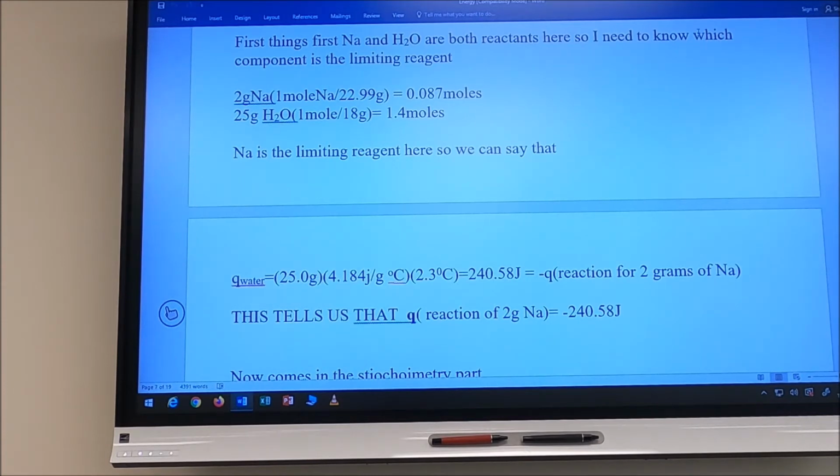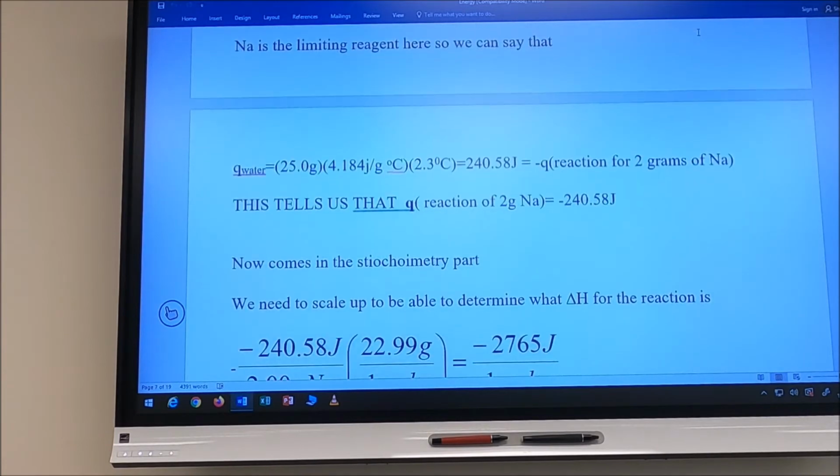So the Q of the water is going to be the mass of the water times the heat capacity of water times the temperature change, which is 240.58 joules. That's the negative Q of the reaction. So Q of the reaction of 2 grams of sodium is minus 240.58 joules.